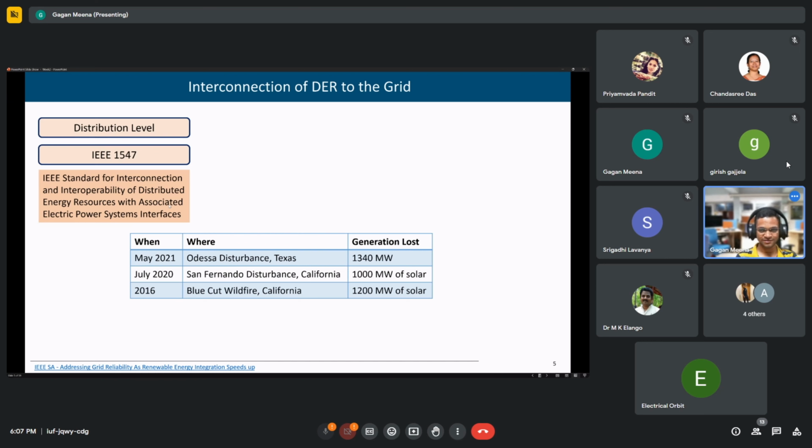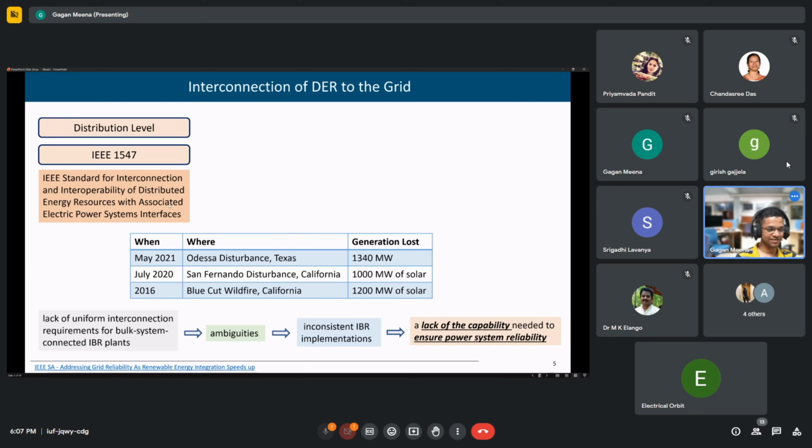In all these, around 1 gigawatt of generation was lost because of this misuse of the standard. Considering these events, there were no uniform interconnection requirements for bulk system connected inverter-based resource plants, which led to ambiguities and inconsistent IBR implementations. Here IBR is inverter-based resources.